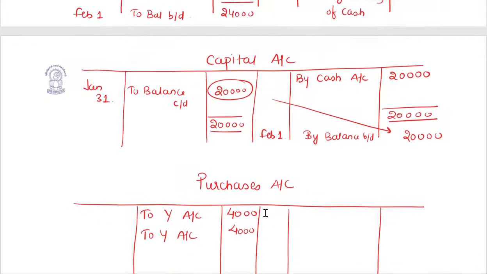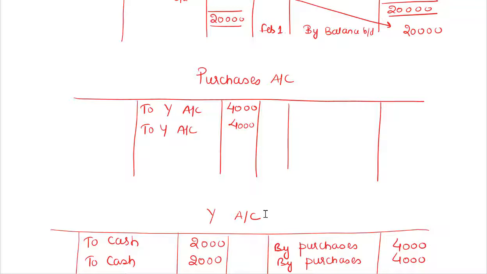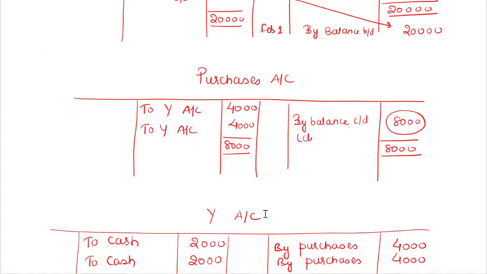Let's see the purchases account. The total of purchases account is 8,000. From the debit side, we took this 8,000 to the credit side. This 8,000 will act as a balancing figure on the credit side. We'll be writing by balance carried down, closing balance of purchases account.